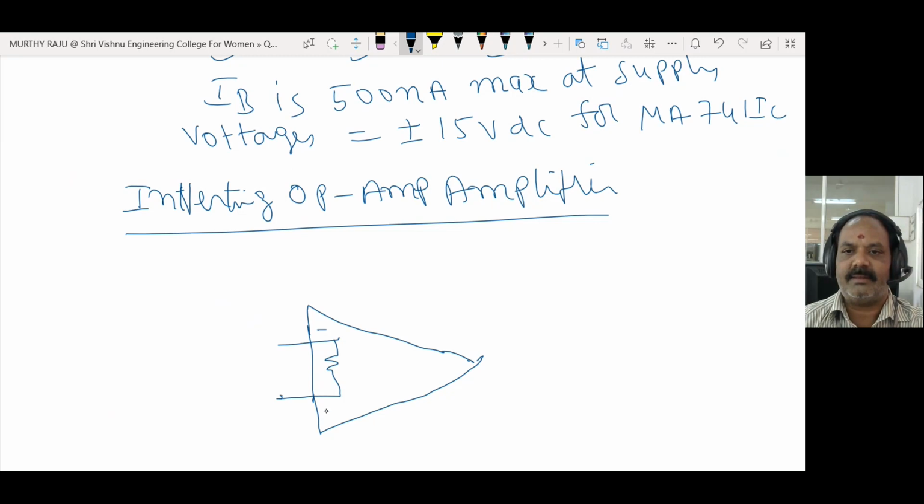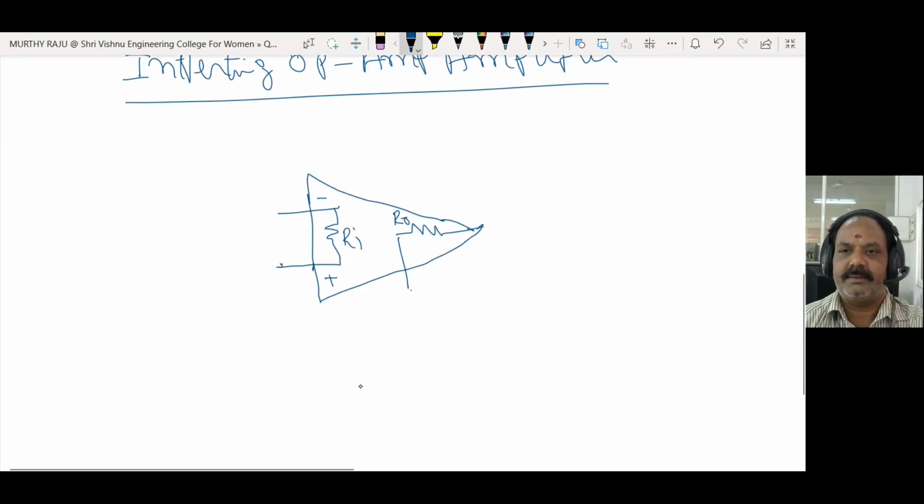This one is the minus sign, plus sign, Ri the input resistance. This one is the Ro output resistance. This one is the open loop gain dependent voltage source, AOL into VIO, the input offset voltage, and ground.